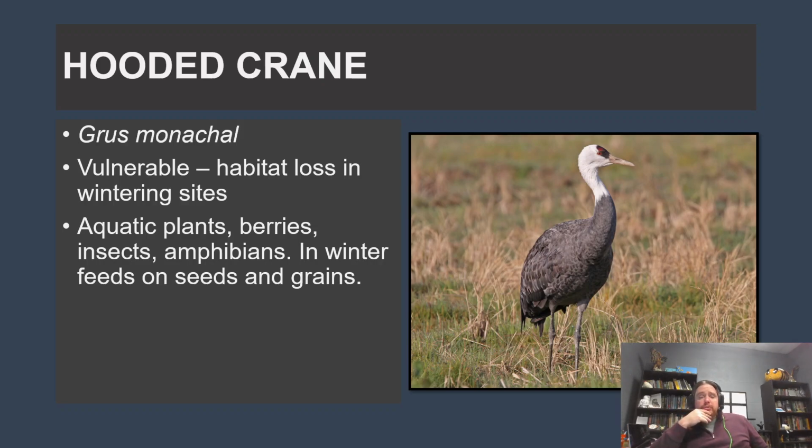The hooded crane, Grus monacha, is a vulnerable species that is vulnerable to habitat loss, particularly in its wintering sites in East Asia. It eats aquatic plants, berries, insects, and frogs and salamanders, amphibians. In winter, it will feed on seeds and grains.